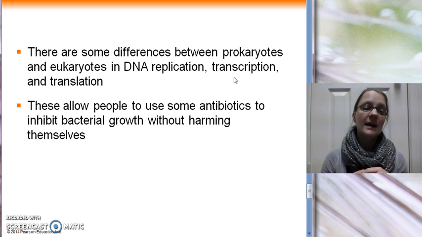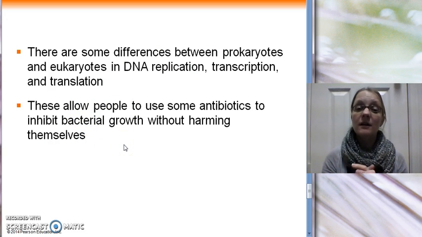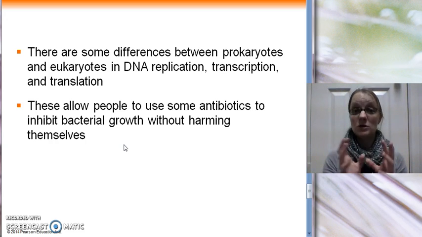On top of that, this last point says that these differences between prokaryotic and eukaryotic cells are differences that we in medicine and science totally exploit. For example, we develop antibiotics that will target those specific differences so that when we administer an antibiotic, we want to only damage the bacterial cells.